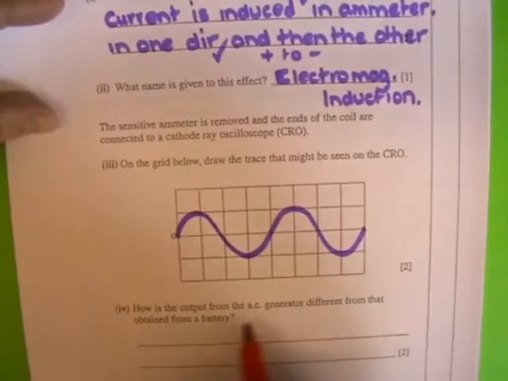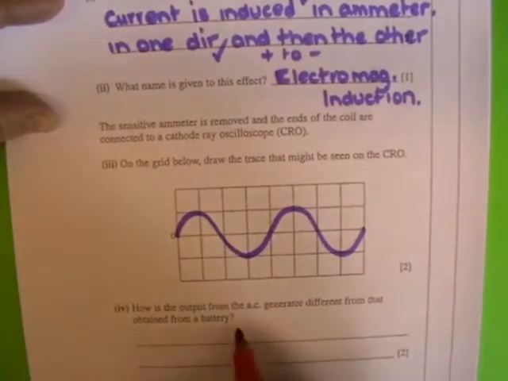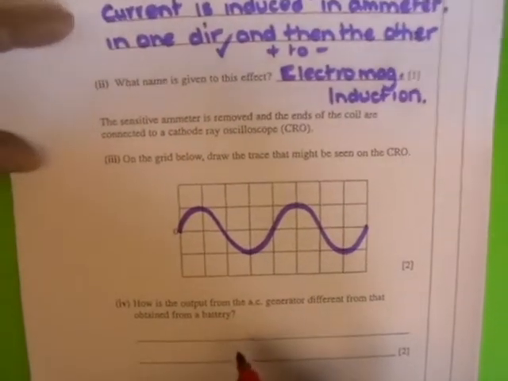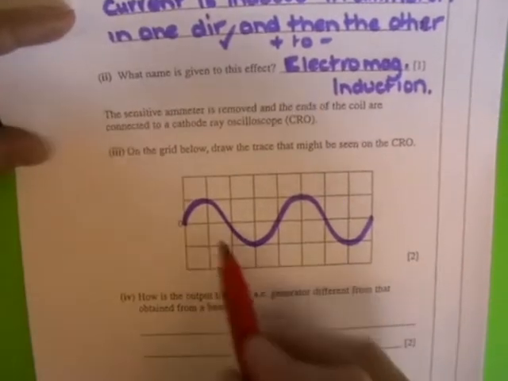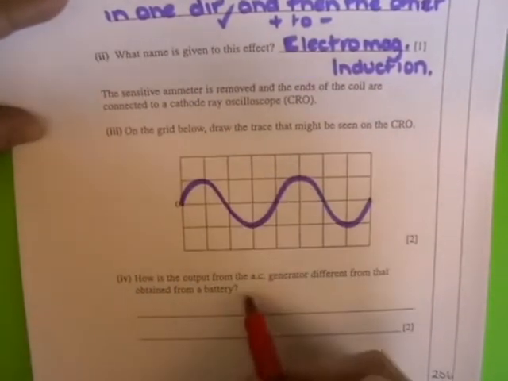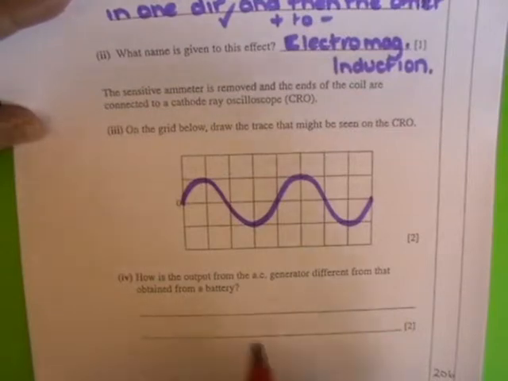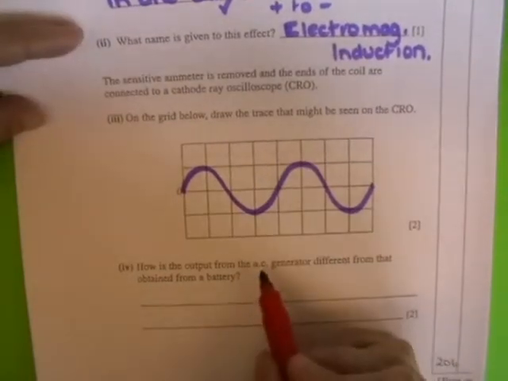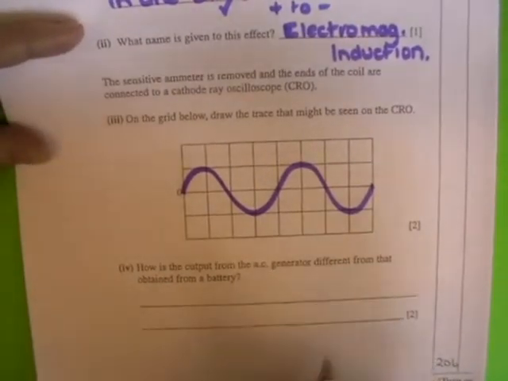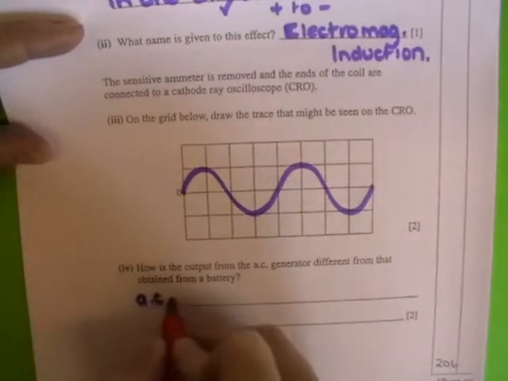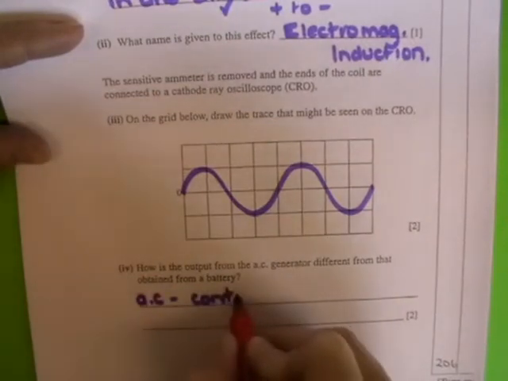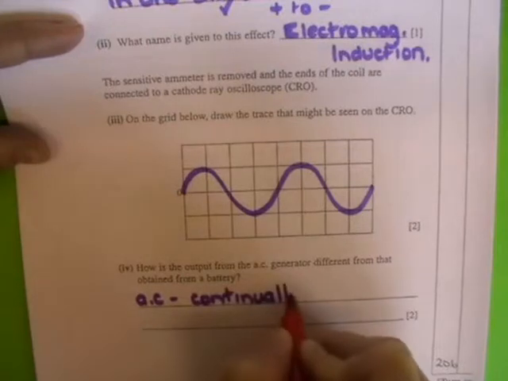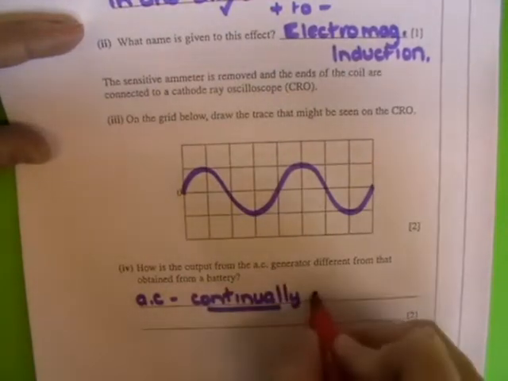And then it says, how is the output from the AC generator different from that obtained from a battery? This isn't just a matter of saying that this is an alternating current and a battery produces direct. This statement's really saying what's the difference between alternating and direct. So alternating current continually changes direction. So there's that definition coming in again, continually changes direction.